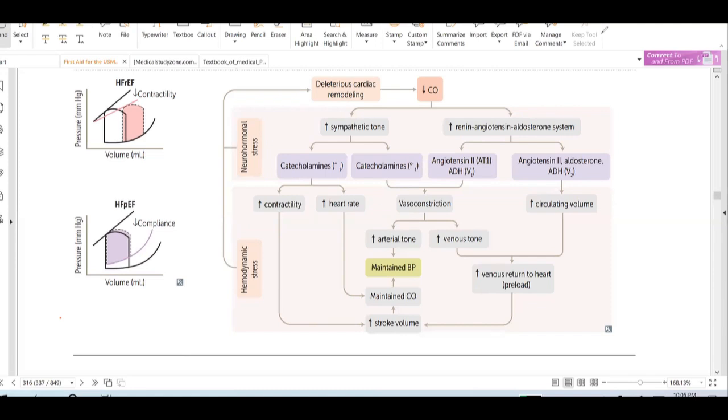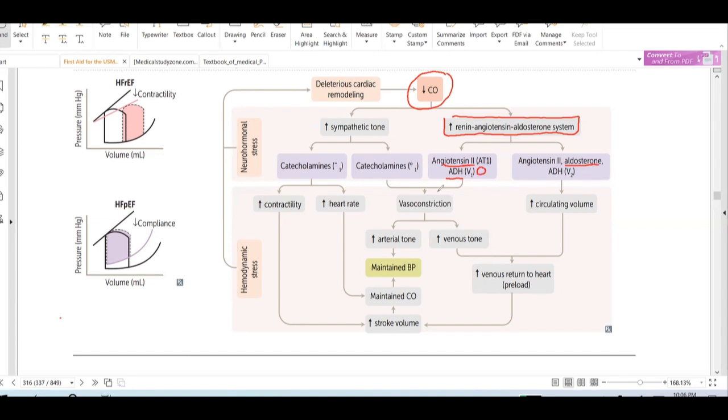Now I'm going to discuss the pathophysiology of heart failure. Because it's a pump failure, it leads to decreased cardiac output. When the cardiac output decreases, it activates the renin-angiotensin-aldosterone system. The renin-angiotensin system leads to increased angiotensin 2 and aldosterone, and also ADH.